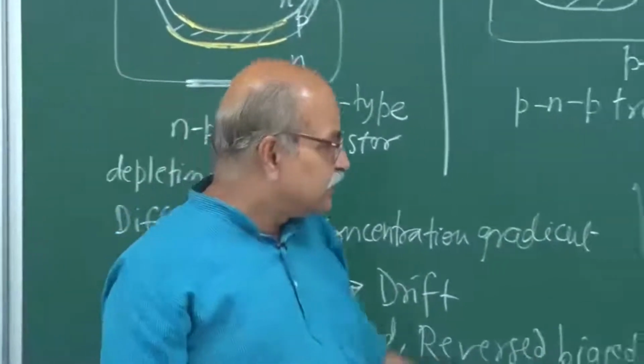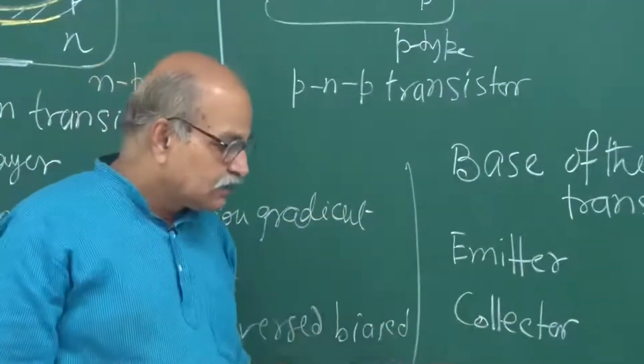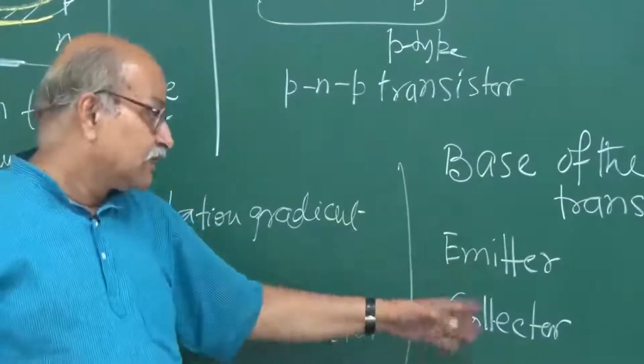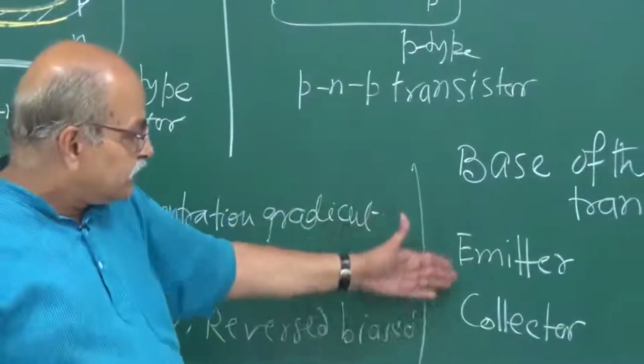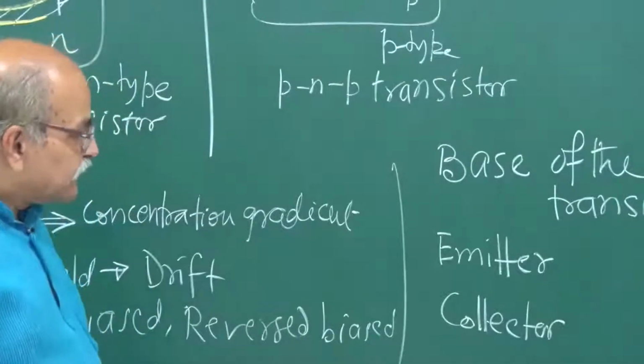What is the difference between these three? The base is sandwiched, and the emitter and collector are on the two sides, of the same kind, n type, but there is still a difference. Three things are there, and each will have different characteristics.